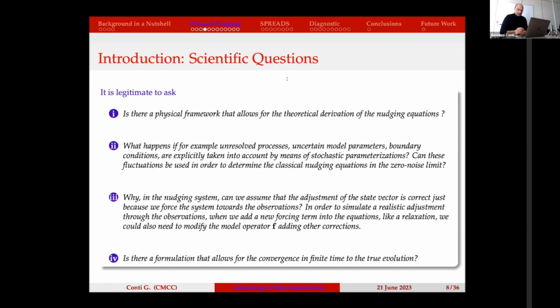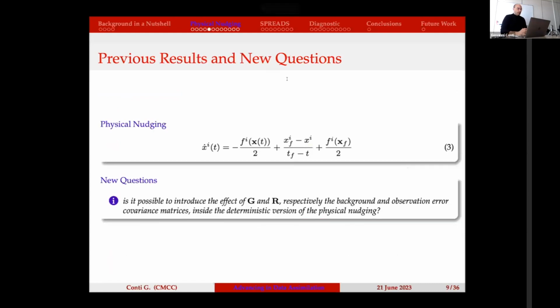At the beginning, I started to find a first solution to the problem using an approach that I will describe below. We found that by introducing these relaxation terms plus a correction, a constant term, namely the dynamics computed at the observational time, x_f, we can correct our system without introducing other parameters.